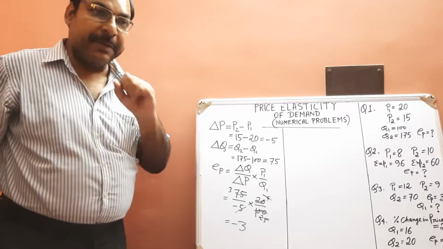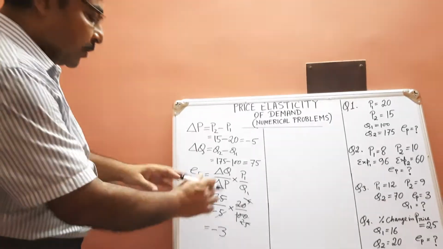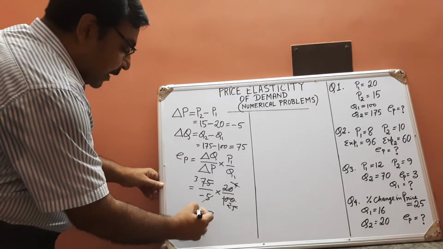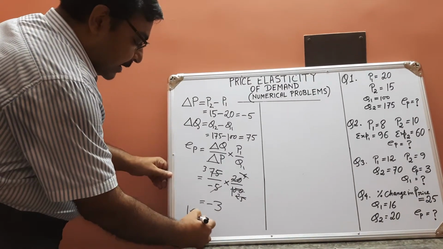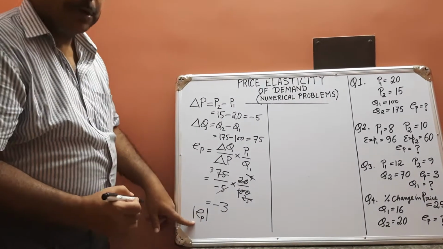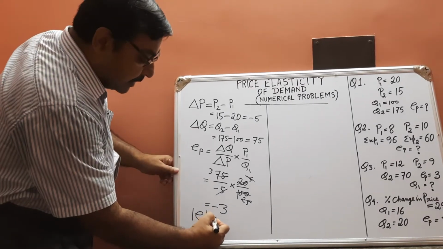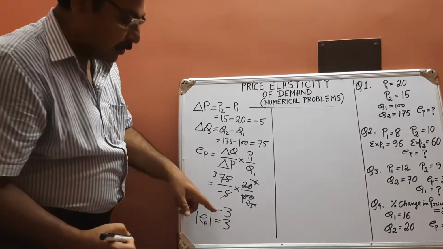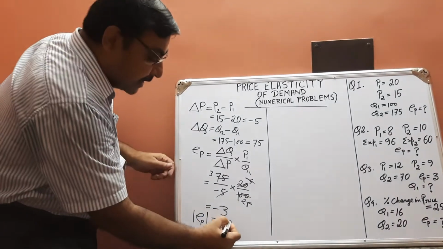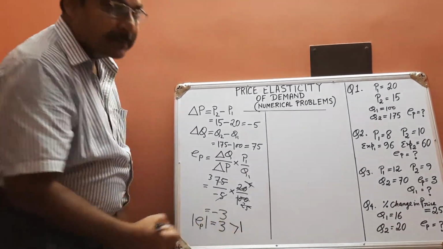Now you have to give a statement about elasticity of demand. Ignore the negative sign. If EP equals minus 3, then modulus EP is only 3. You are ignoring the minus sign. This 3 is greater than 1.